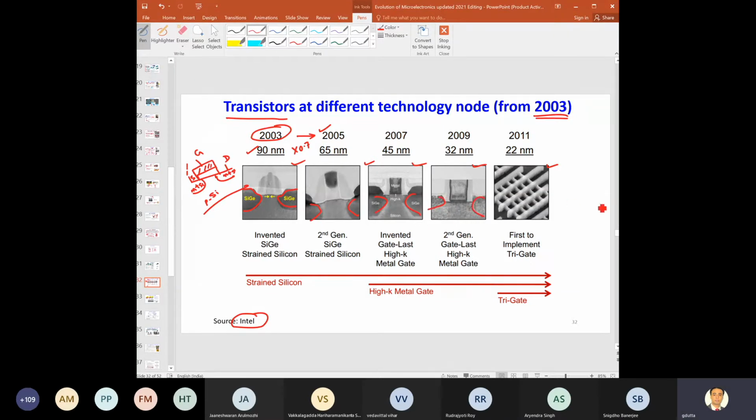What this silicon germanium does and why we have to introduce it, we will see in the next slide, right? This is called embedded silicon germanium strained silicon.